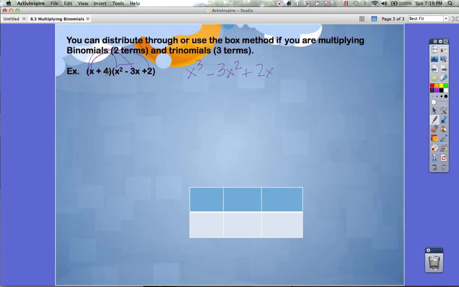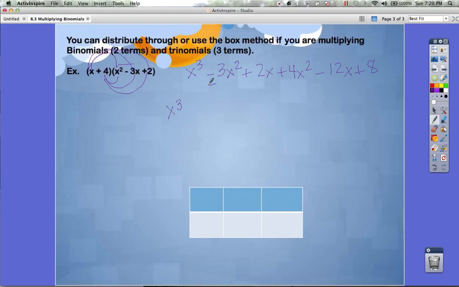Now we must distribute the 4 all the way through. 4 times x squared, 4x squared. 4 times a negative 3x, that's going to be a negative 12x. And then 4 times 2, which is 8. You must combine like terms. I don't have any other x to the third power, so that must be the first term.